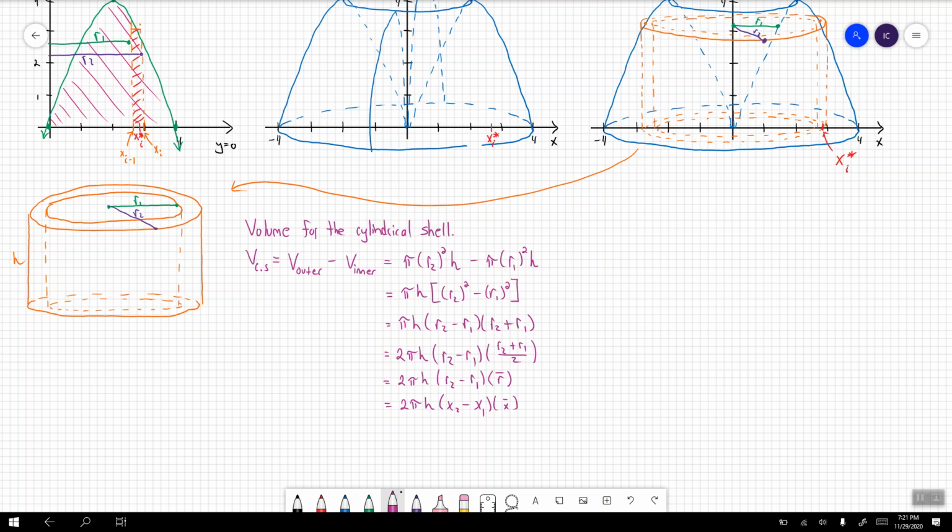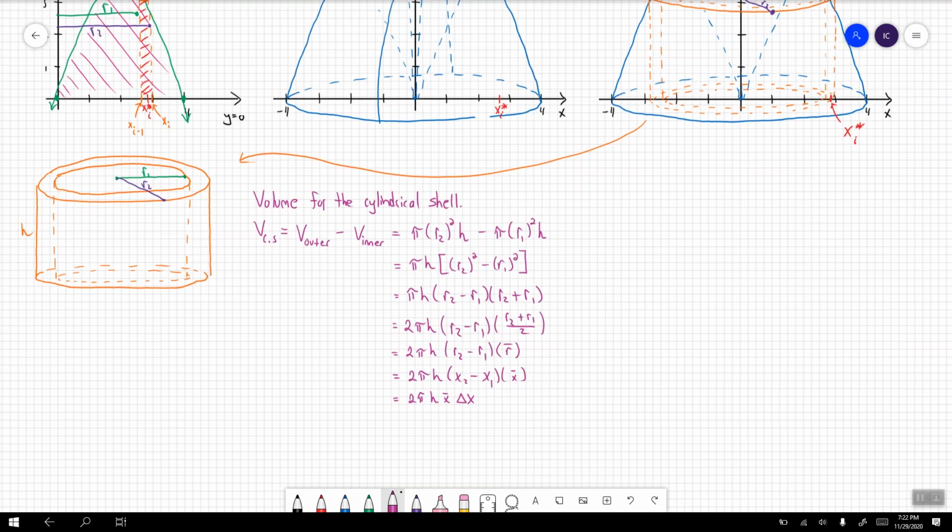Now, that's really nice because we're just saying, hey, we're going to find the distance between these two values. Well, that's just going to be delta x. So this now turns into something real nice. 2 pi times h multiplied by x bar multiplied by delta x. And this is going to be the volume for that cylindrical shell.